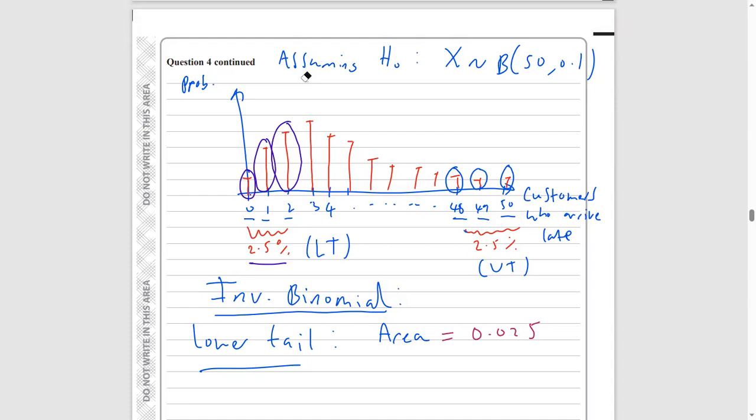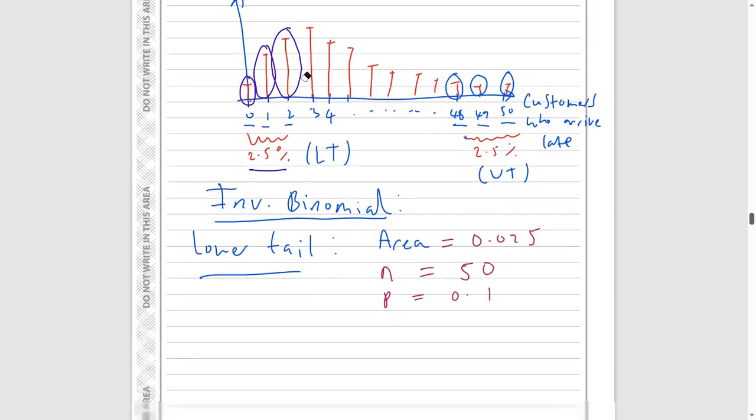Your number of trials, your n value, is going to be 50, so we've got a sample of 50. And your probability of success is 0.1. So we're going to put this data into the calculator: 0.025, number of trials 50, p-value 0.1. We're going to execute that, and then we get a value of x equals 1. So the output gives us x equals 1 there.